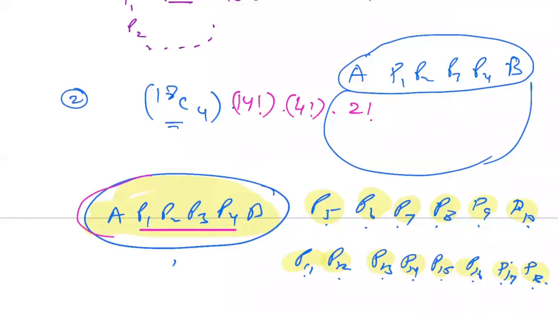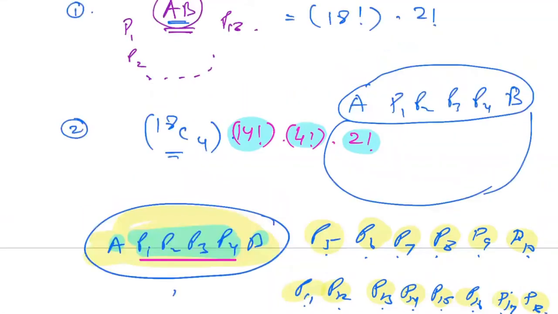This group is as 1. Then we have 15 different groups, and they can arrange themselves in factorial 14 ways. Now P1, P2, P3, P4, they can arrange themselves in factorial 4 ways, and A and B can interchange themselves in factorial 2 ways. So total number of arrangements will be something like this. Is it okay? This is the second one.